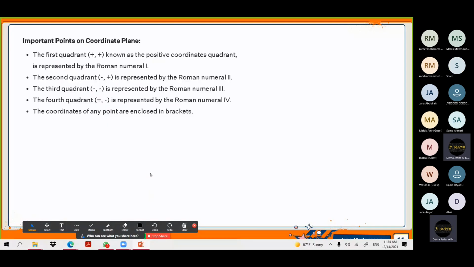Now, before we finish, there are some important points on the coordinate plane. The first quadrant is known as the positive coordinate quadrant because both X and Y are positive, and it's represented by the Roman numeral 1.